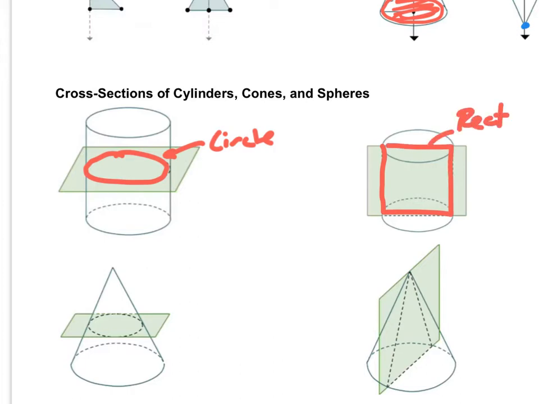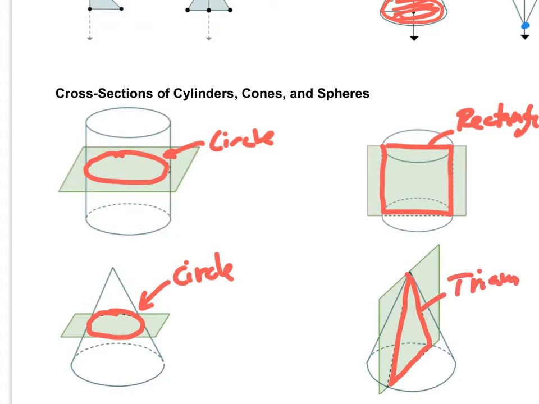So you get these different shapes depending on how you cut them. If you do a horizontal cross section of a cone, you're going to get a circle. But if you do a vertical cross section of a cone, you're going to end up getting a triangle out of this. So kind of unique and different.